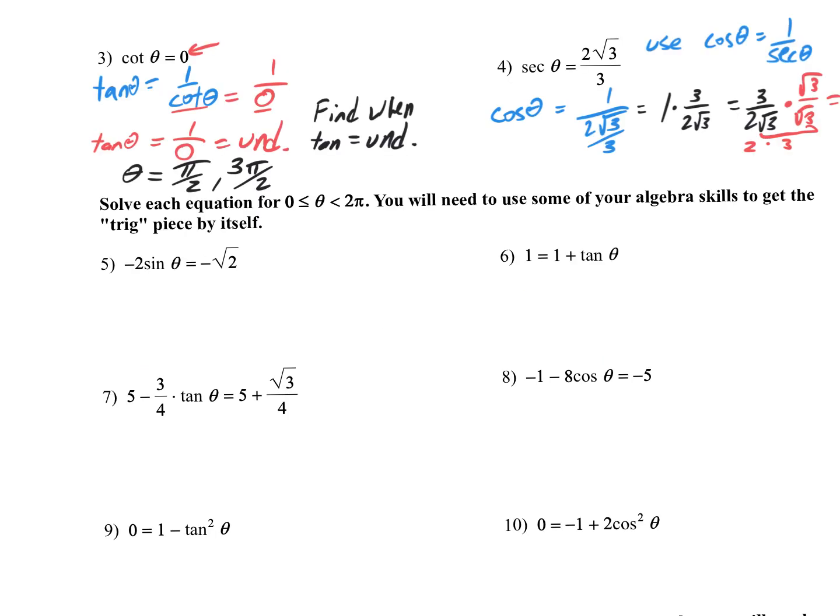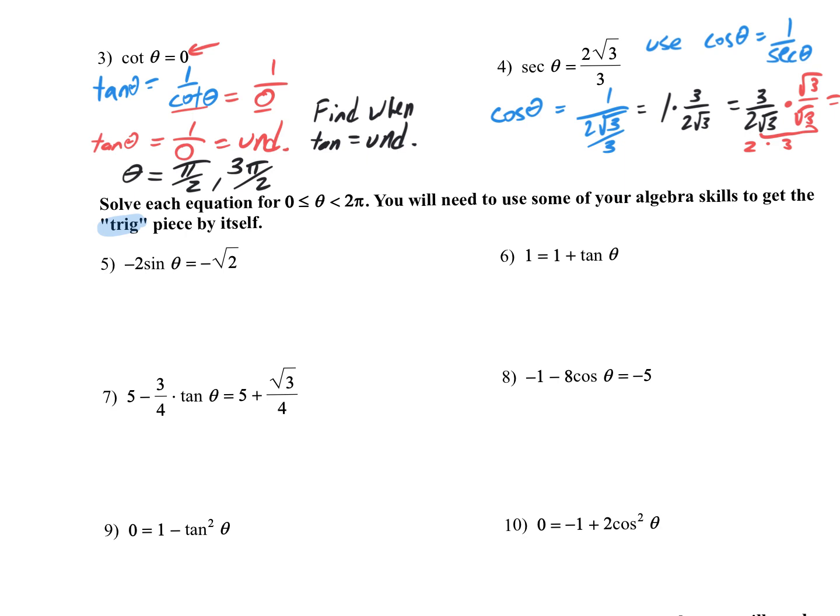So now hopefully that we've solved those first few problems, we know kind of how to look up the values from the circle. Let's see if we can solve some of these more complicated problems. In order to solve any of these, we're going to see that we need to get the so-called trig piece by itself.